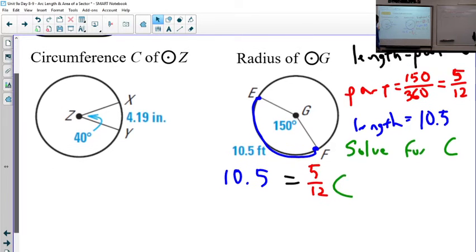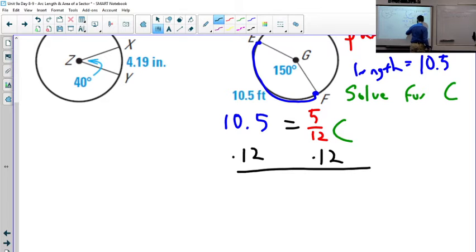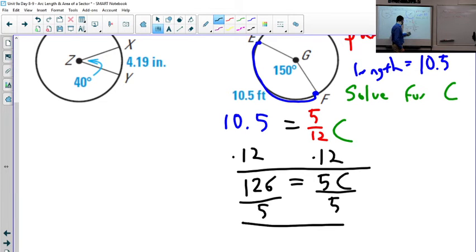So then we're going to solve this equation. Get rid of your fraction by multiplying by what's on the bottom. So these 12s cancel, and we're left with 5c. 10.5 times 12, that's going to be 126. So then we're going to divide, and we get c to be 25.2.